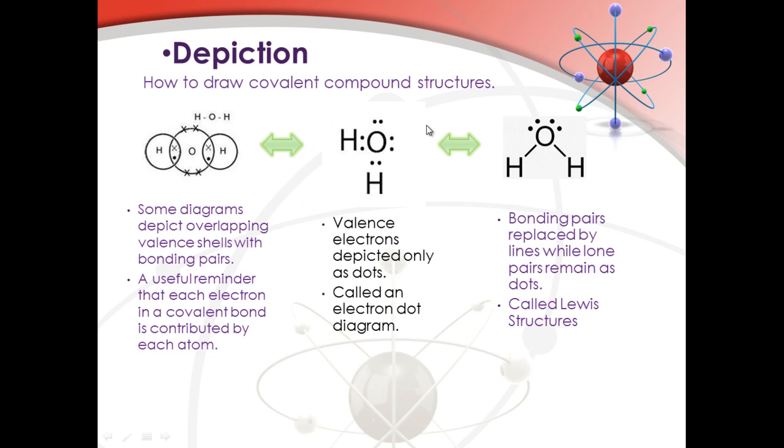Alternatively, we can draw it as what we call an electron dot diagram, where the valence shell electrons are drawn as dots, and we typically pair them up like so, although we're reminded that the electrons don't exist in space as pairs.